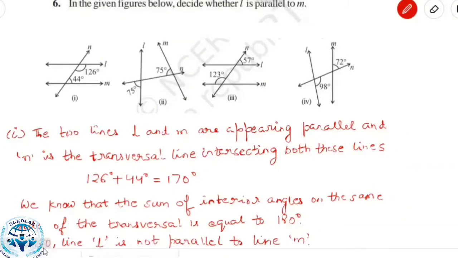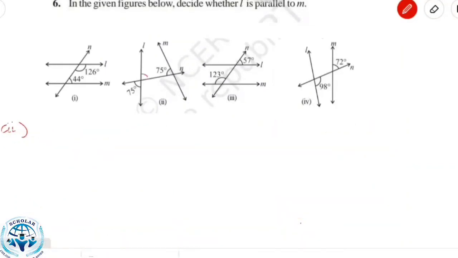In the second one, let's find out whether the lines are parallel or not. Suppose this angle is X. X will be equal to 75 degrees as these are vertically opposite angles.